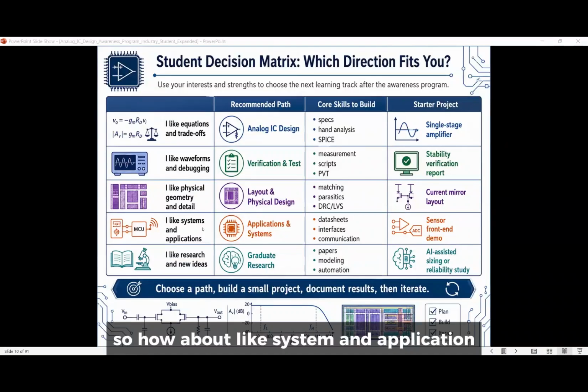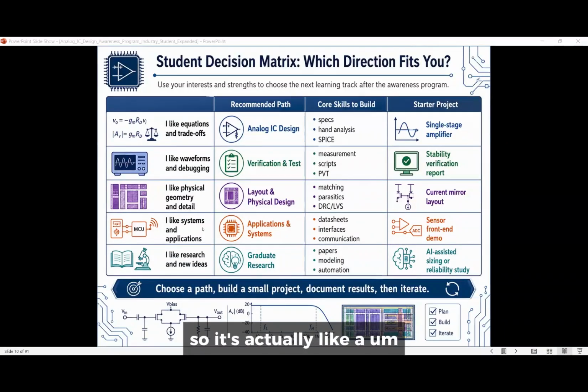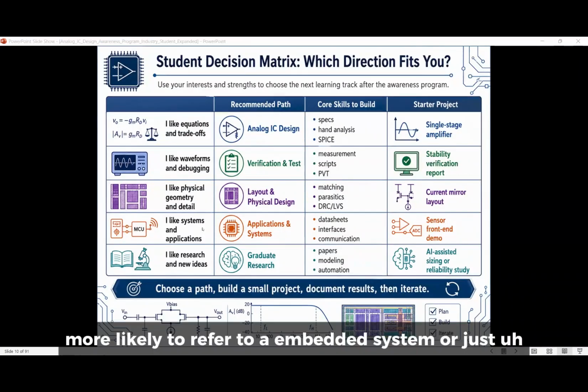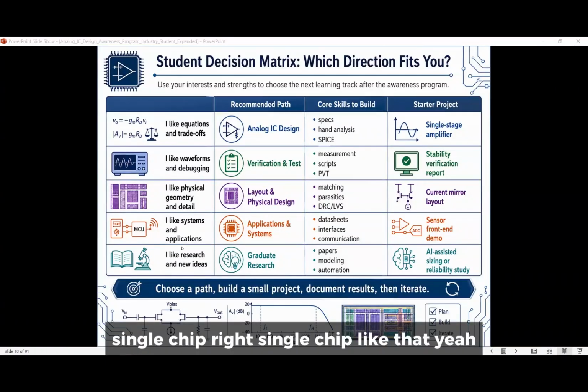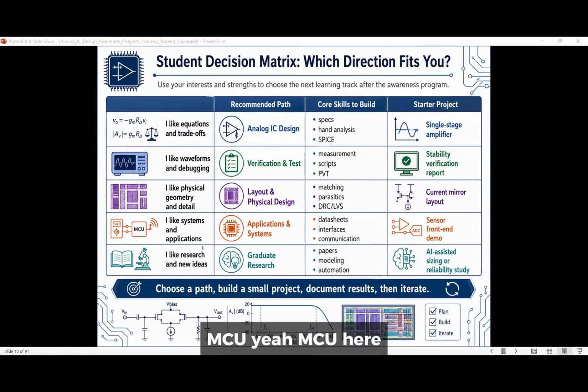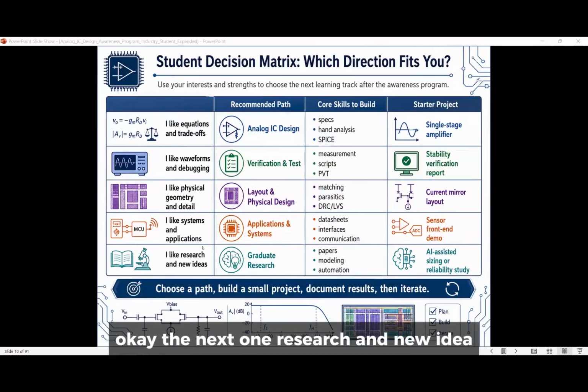So how about system and application? It's not simply related to analog circuit design, but more likely refers to an embedded system or just a single chip, like an MCU. Okay, the next one, research and new ideas.